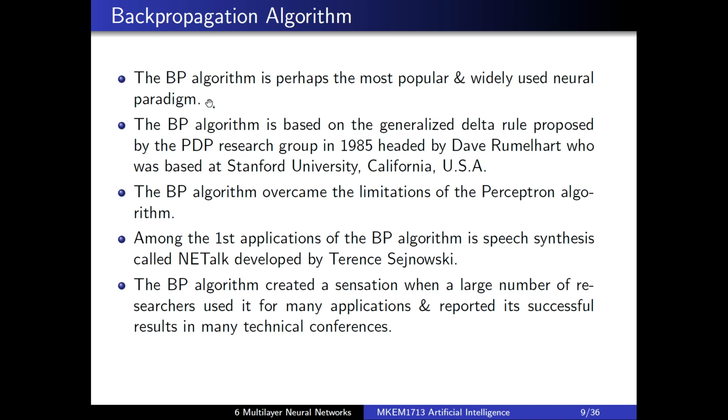The backpropagation algorithm is perhaps the most popular and widely used neural paradigm. The BP algorithm is based on the generalized delta rule, which in turn is based on the gradient descent approach proposed by the PDP research group in 1985 headed by David Rumelhart, who was based at Stanford University, California, USA.